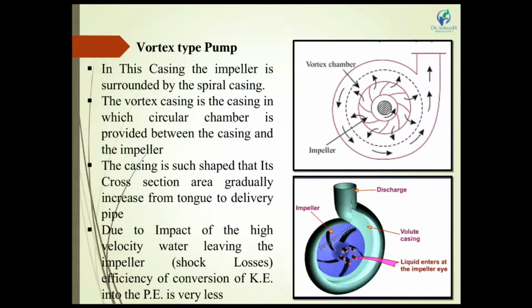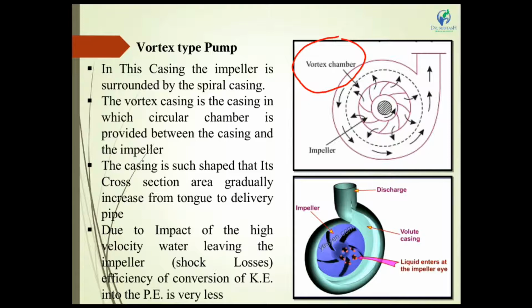The next pump is the vortex type pump. In this pump, the working principle is the same as the volute pump. There is one vortex chamber available in this pump.